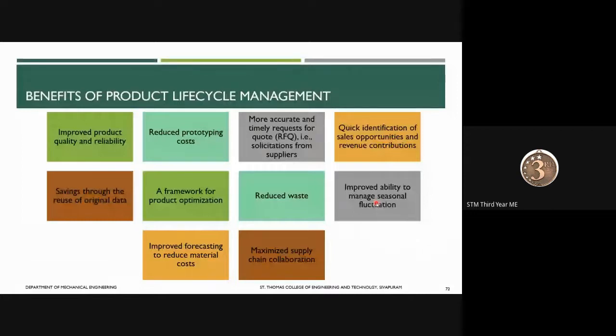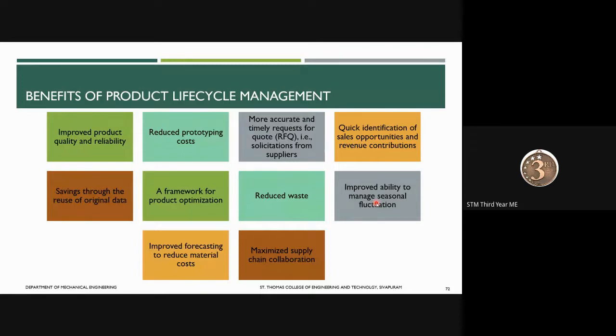So production of air conditioners will be concentrated during the summer period rather than the winter period. That is the difference here. So we are managing such seasonal fluctuation. According to season, some products will be needed, and we can manage such seasonal fluctuations easily by means of product life cycle management.